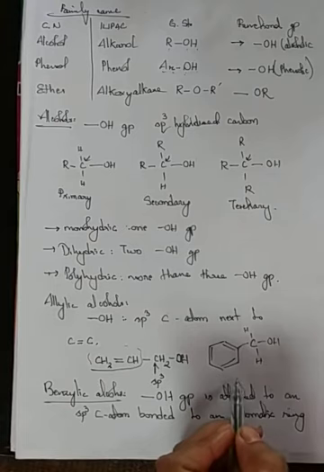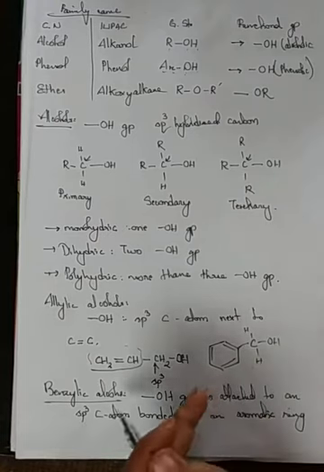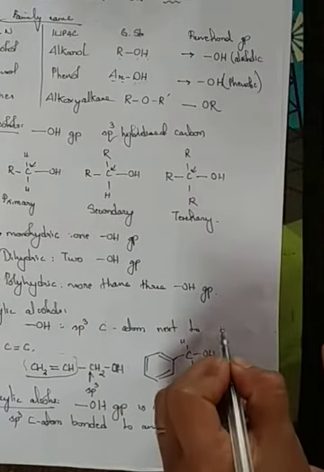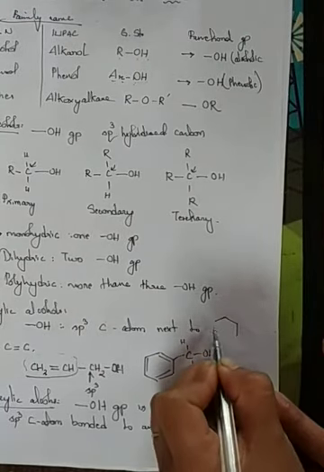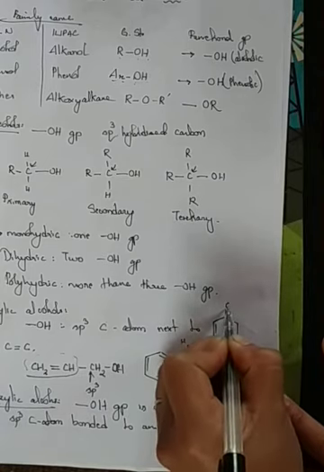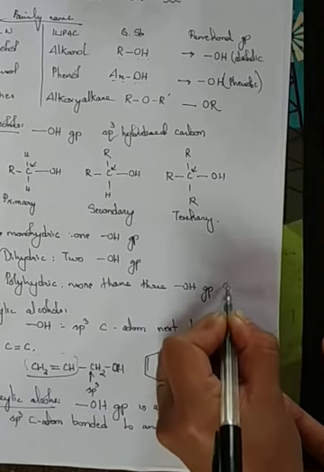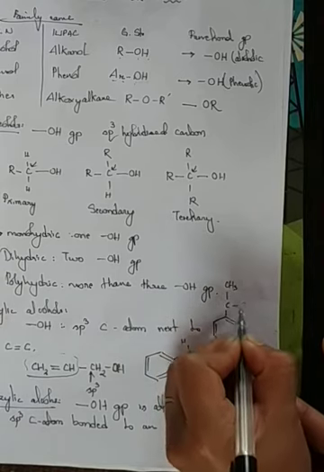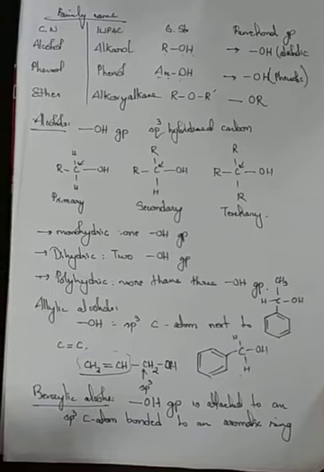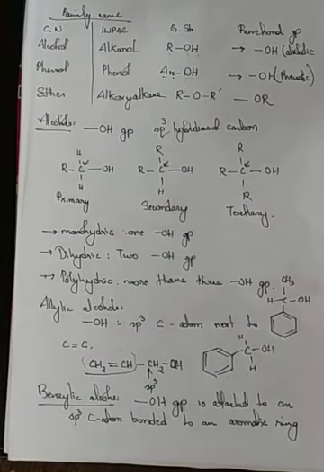This is a primary benzylic alcohol. And for the second example, if we want to make a secondary benzylic alcohol, on our benzene ring, this sp3 hybridized carbon atom is attached to another alkyl group, OH, and then we have H. Therefore, this is the classification of our alcohols.